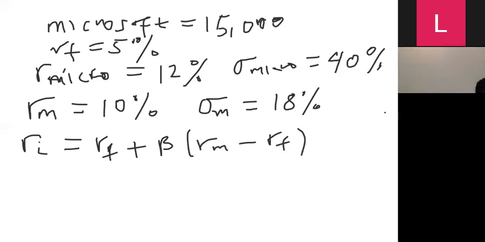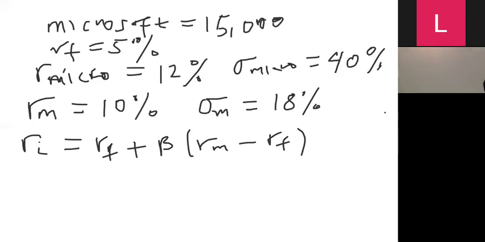Now the question is saying that it has the same expected rate of return as Microsoft. What we do not know here is beta, but we've been told the return on this investment, RI, is the same as that of Microsoft. And the return on Microsoft, from the question, is an expected return of 12%.